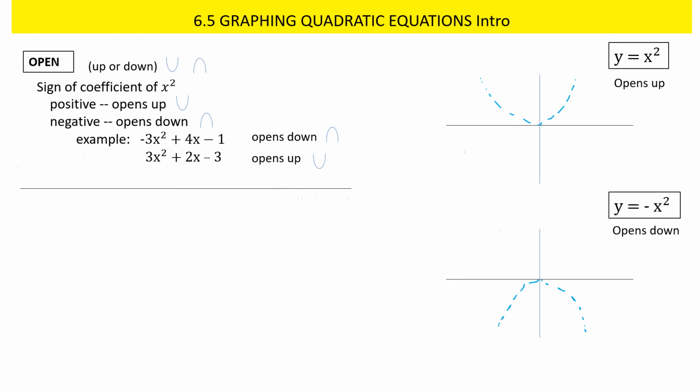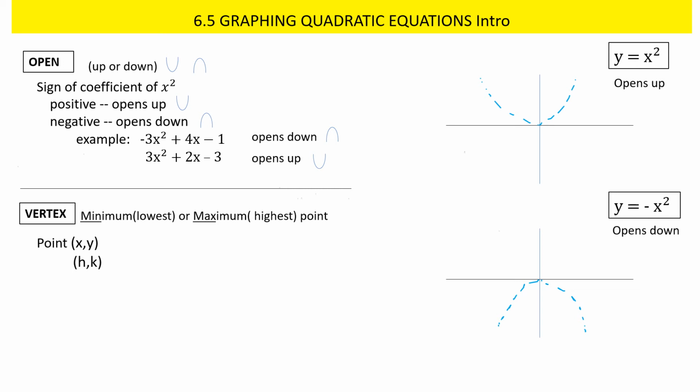Now there are two more things you have to know before we can start sketching. This is pretty easy. You may know already about the vertex. The vertex is the minimum, the lowest, or the maximum, the highest point on your parabola. Remember, it's a point.